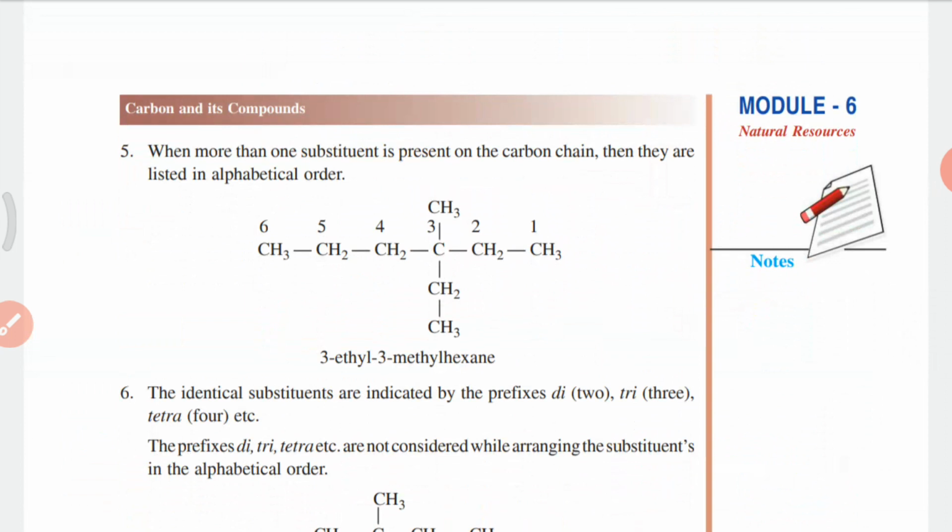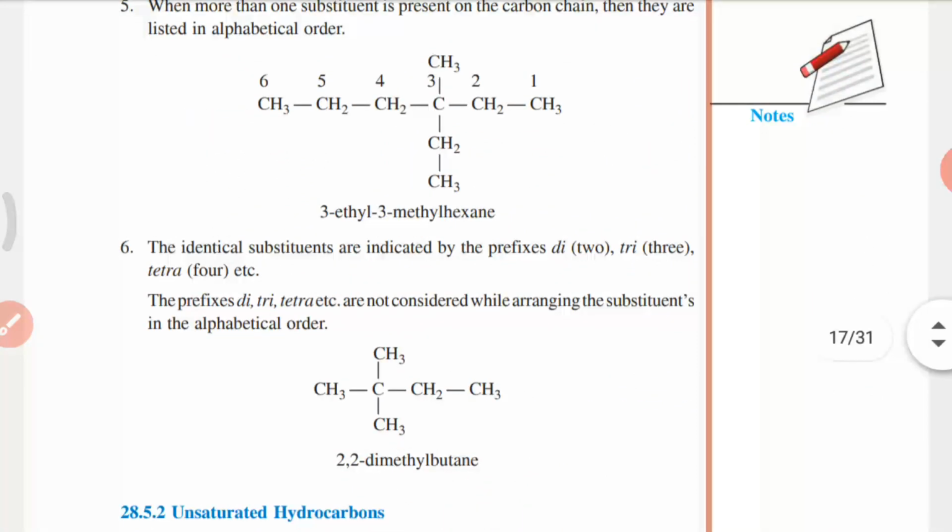So it is known as 3-ethyl 3-methyl hexane, given in alphabetical order. If it contains two same groups, just like here, we give 2,2-dimethyl butane.